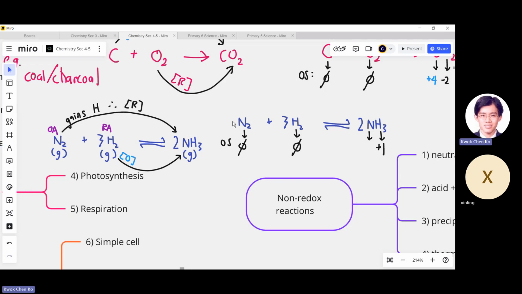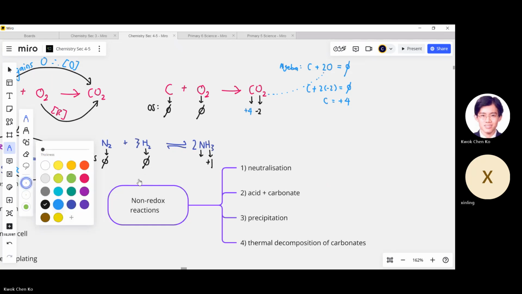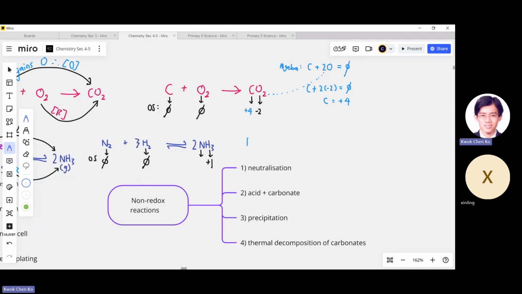Set out your algebra again. So I can write N plus, just be a bit careful, especially for Xingling and Richelle. I do not regard this coefficient. I do not account for this, but I account for 3 here.